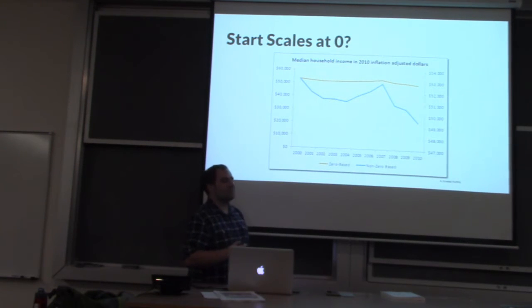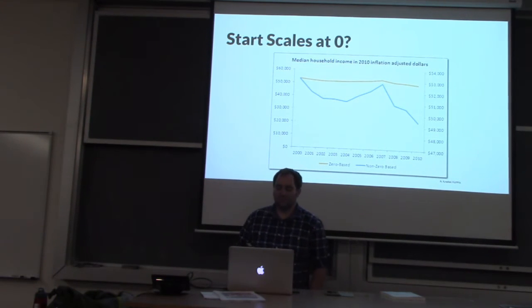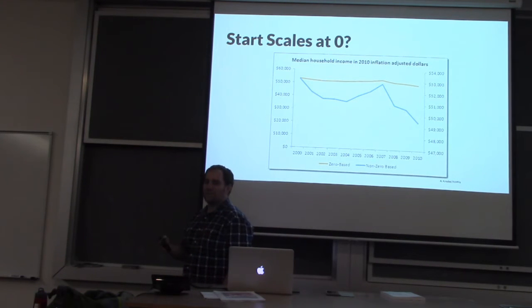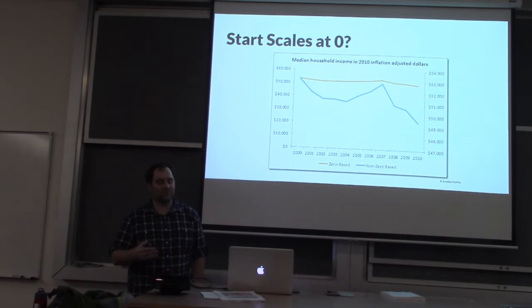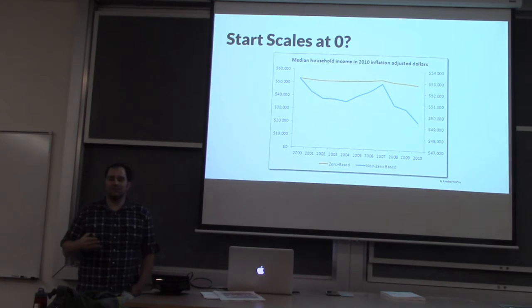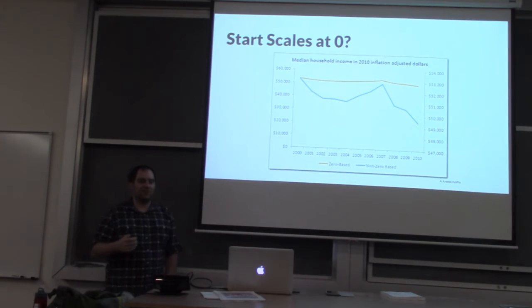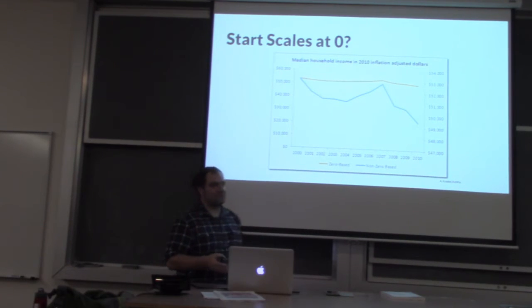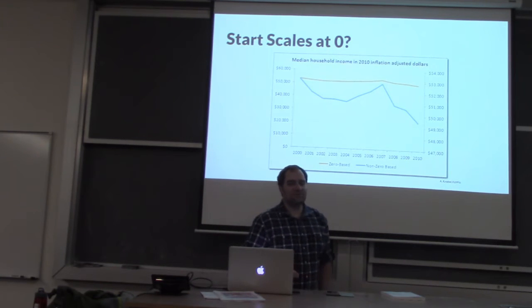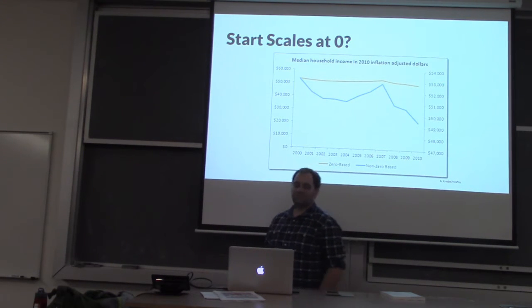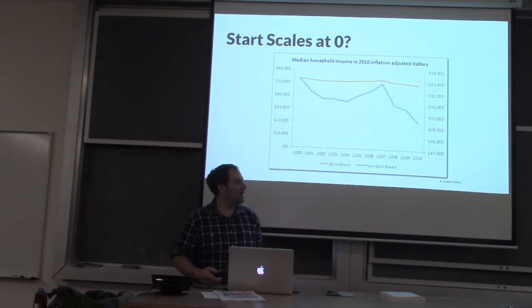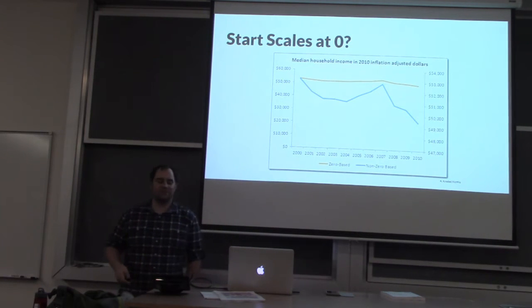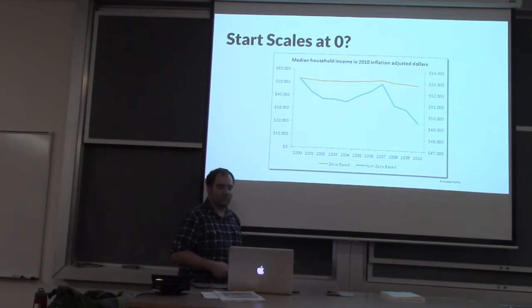So some people teach that there is a golden rule that you should never cut off the scales of a bar chart, but you can actually do that with line charts. And I'm saying it doesn't matter whether it's a bar chart or a line chart. You usually shouldn't cut off your scales at any point. There are exceptions, but then you should be very explicit about what you're doing.